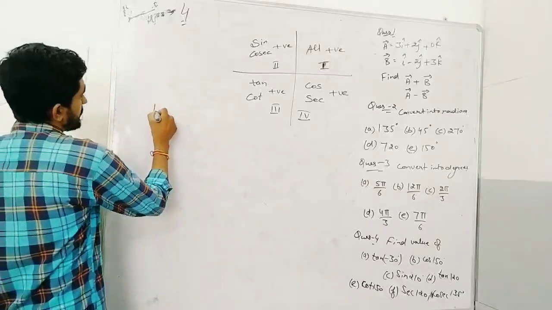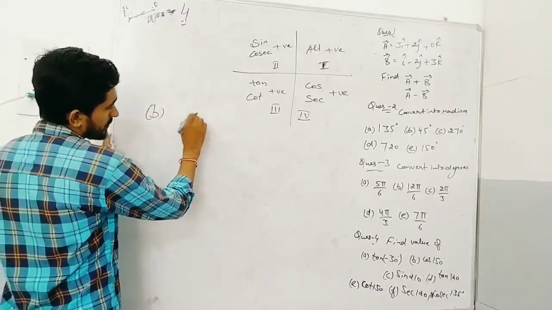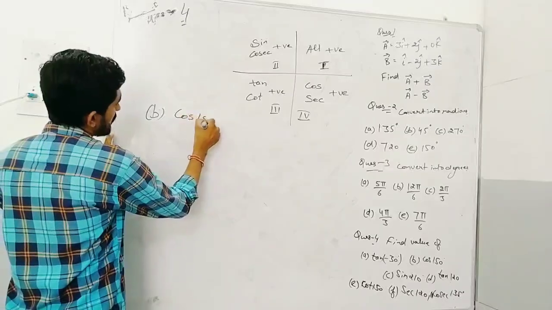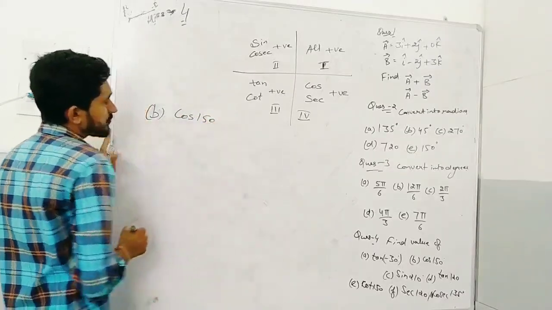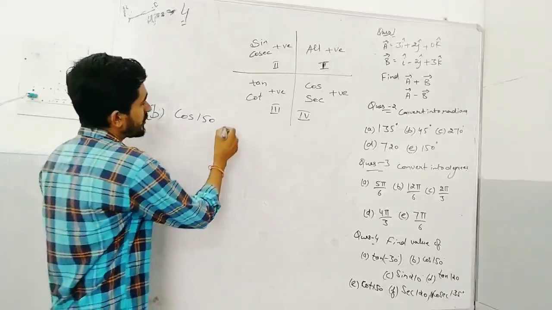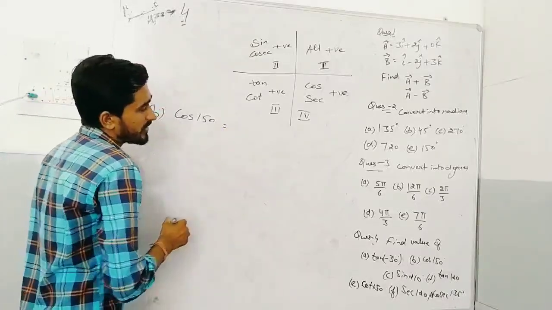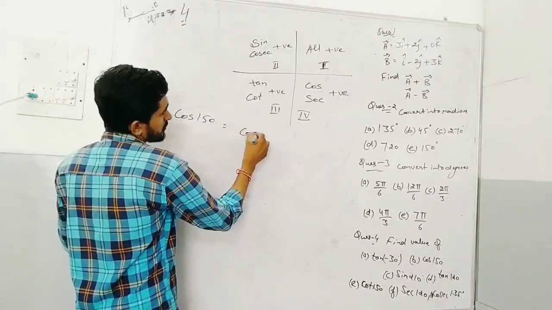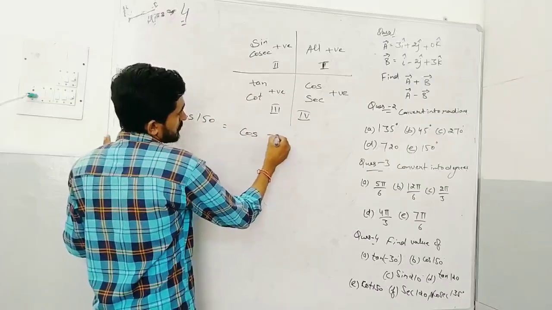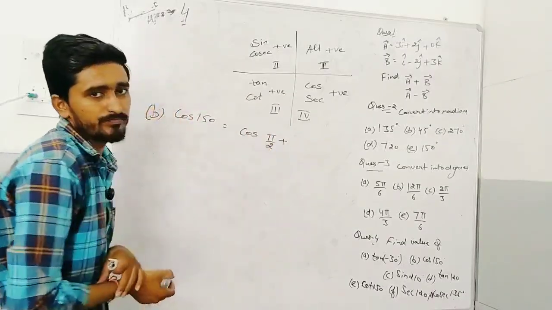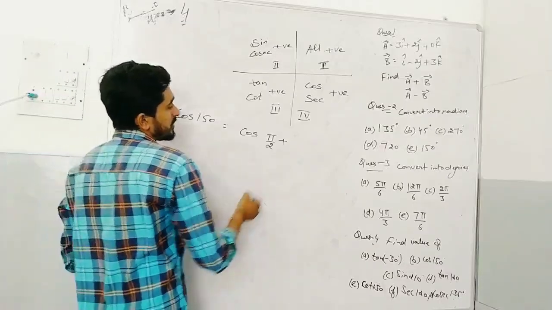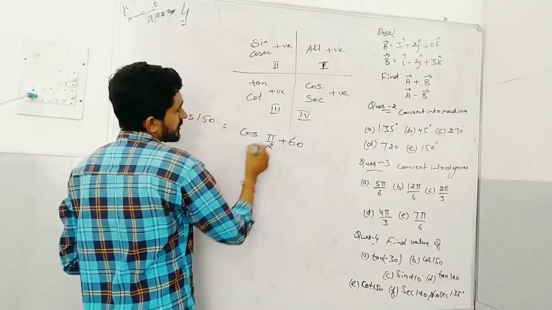Next is B part. B part is cos 150. We can write cos 150 as cos of pi by 2 plus 60, since pi by 2 is 90, plus 60.